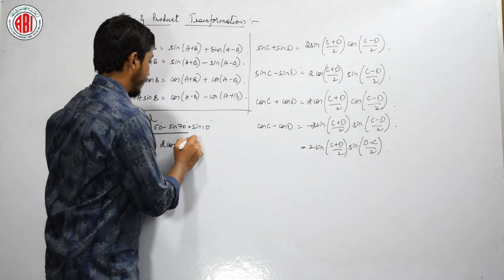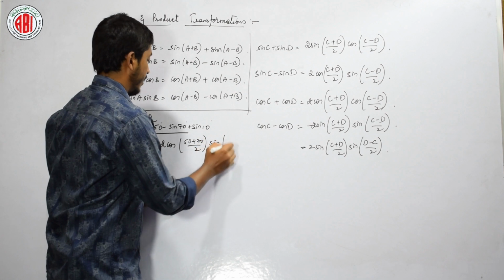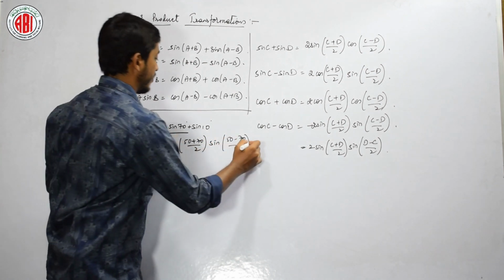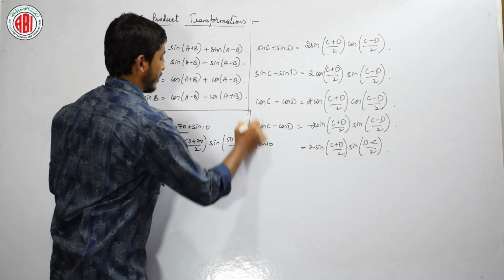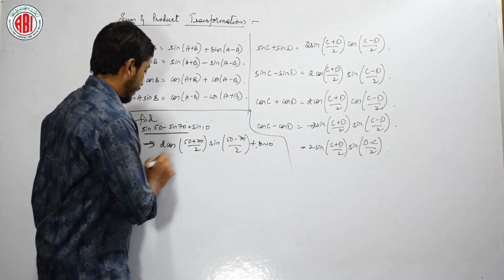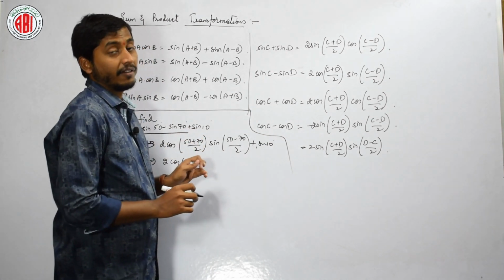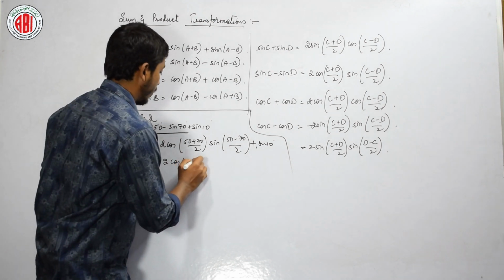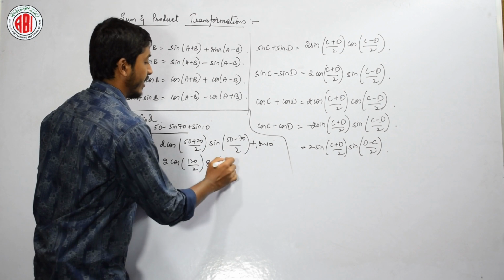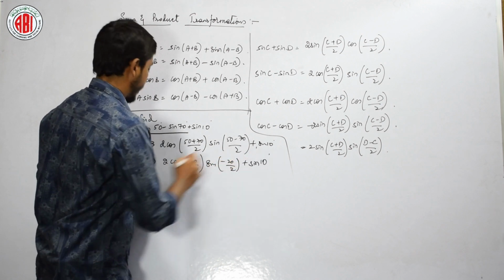What is c? 2 cos of (50 plus 70) by 2 sin of (50 minus 70) by 2, and plus sin 10 as it is, isn't it? Now once again, 50 plus 70 is 120 divided by 2, sin of 50 minus 70 is minus 20 by 2, plus sin 10.